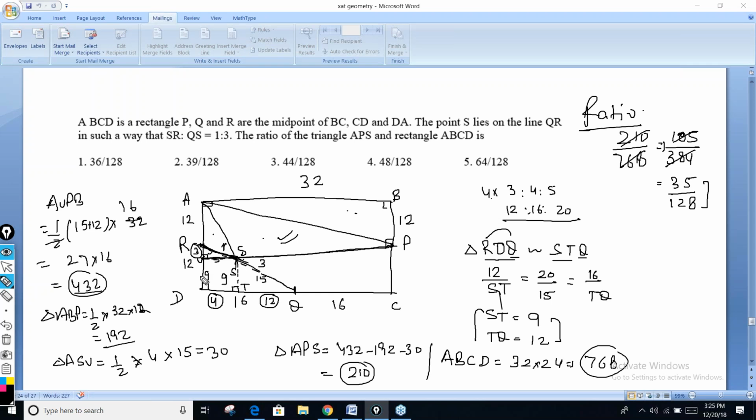This is 9, this is also 9, so this was 3. Might be some part of the calculation we have missed out. Half base into height, that is 30. Half base into height, that is 192. Mistake could be here also.